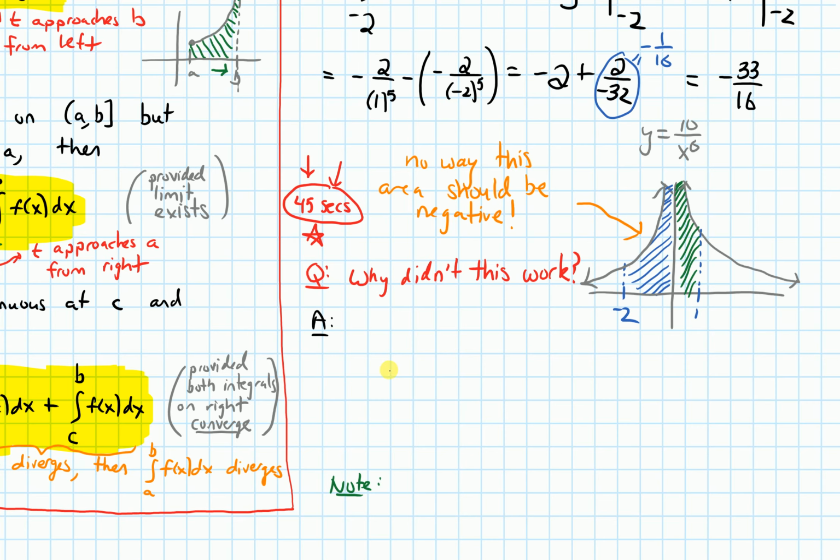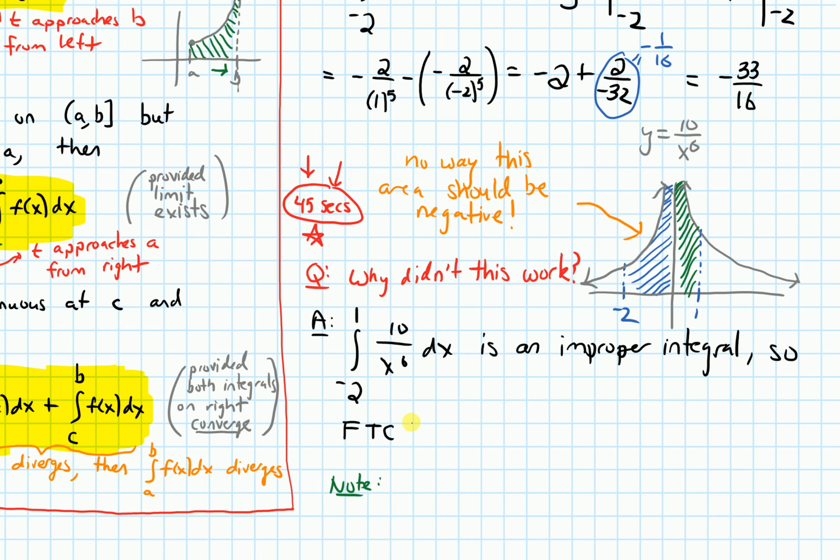So the answer is that this integral from -2 to 1 of 10 over x to the 6th dx, this function 10 over x to the 6th, it's discontinuous somewhere in this interval. We see that it has this vertical asymptote at 0, which makes this an improper integral. So because it's an improper integral, that means doing what we did, which was just FTC, Fundamental Theorem of Calculus, Part 2, doesn't apply.